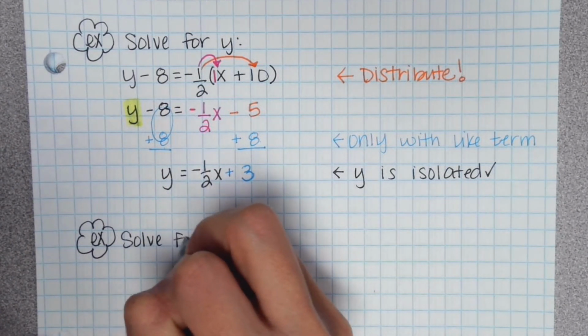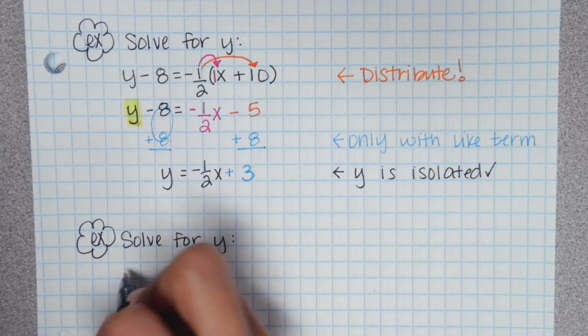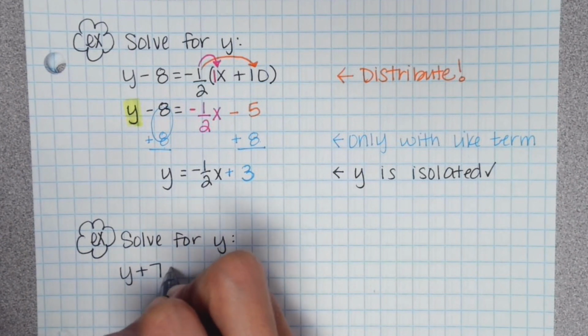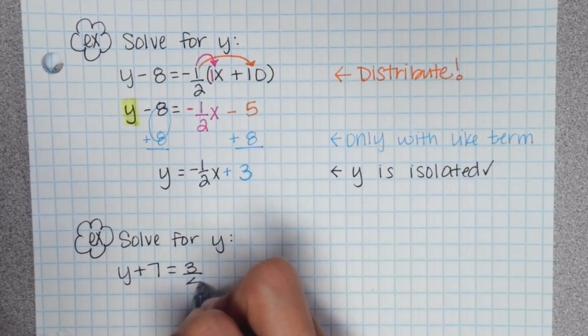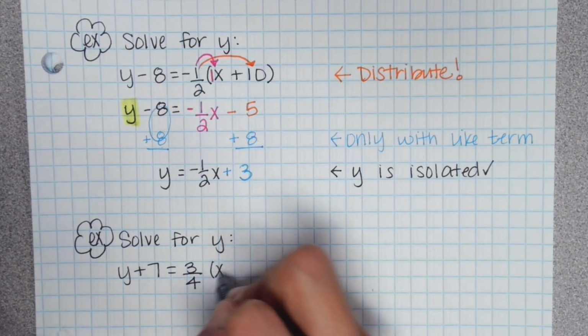Solve for y. y plus 7 equals 3/4 x minus 16.